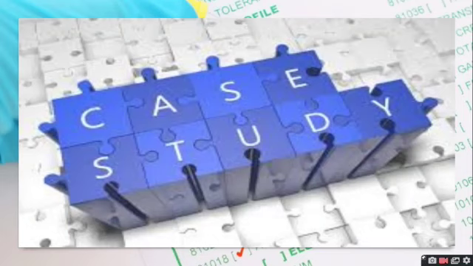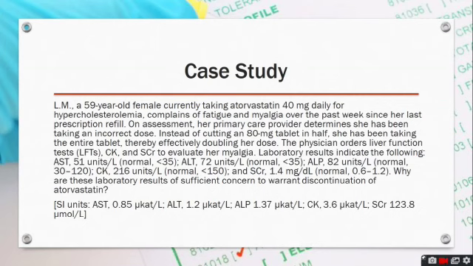Now coming to the case study, that is our major objective in this assignment. A case study comprises 4 parts, called SOAP notes. SOAP notes means subjective, objective, assessment and plan.